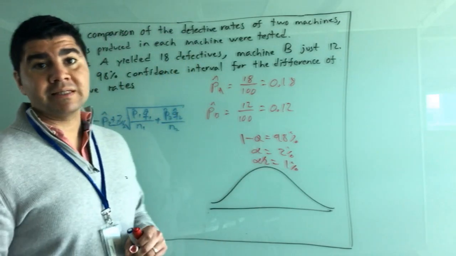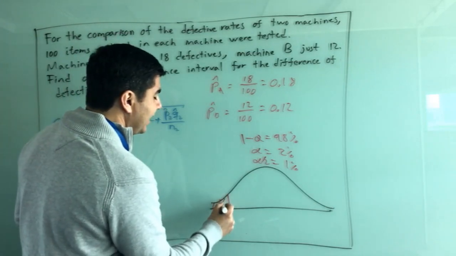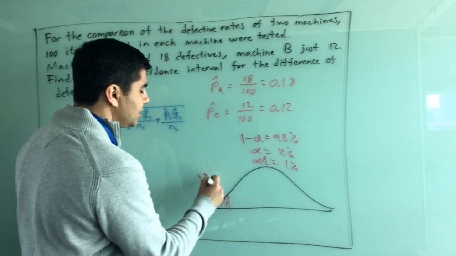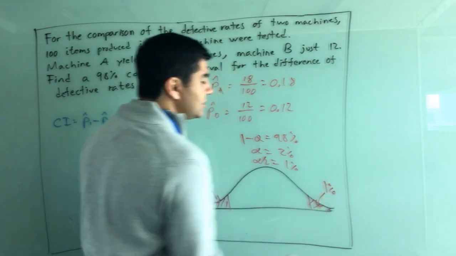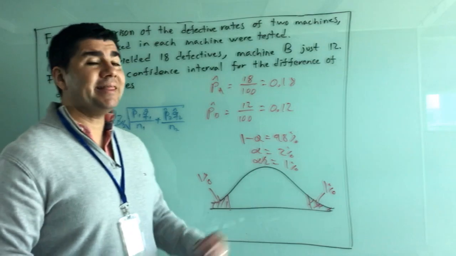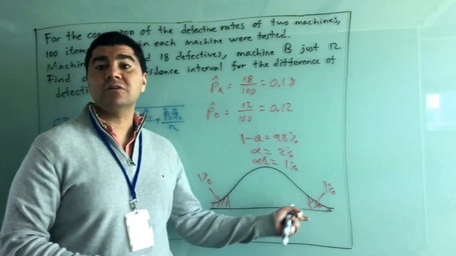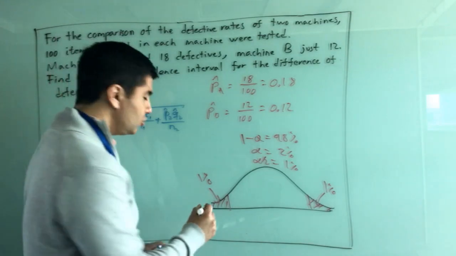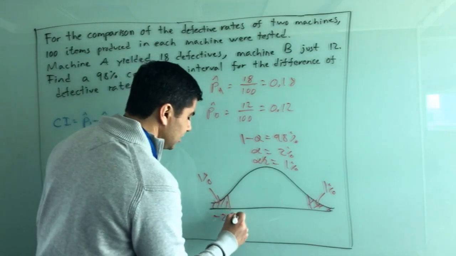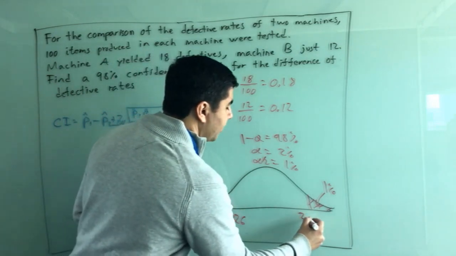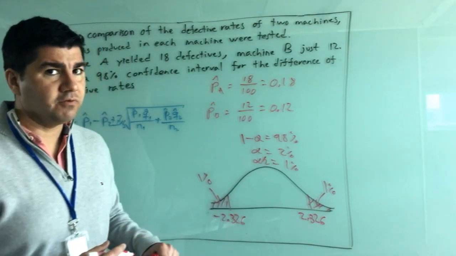In the table, and please follow me at home, we need to find in the tails a probability of 1% and a probability of 1%. We're going to notice that the value that gives us on a standard normal distribution a probability of 1% on either tail is going to be minus 2.326 on the left tail, and the positive 2.326 on the right tail, just as we did before.